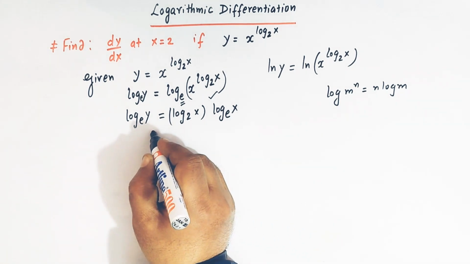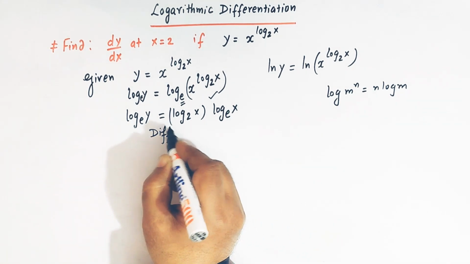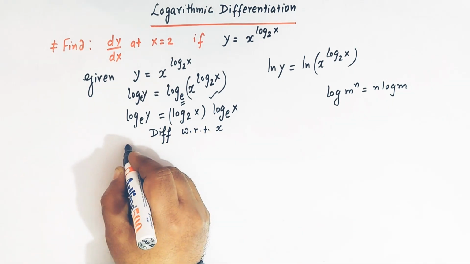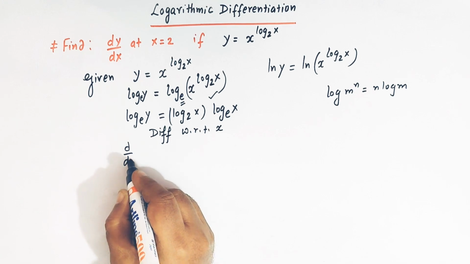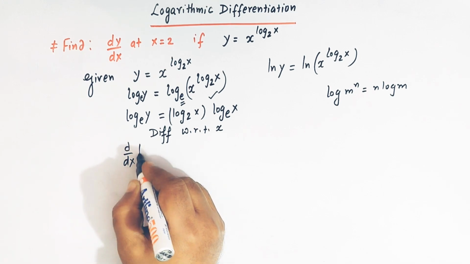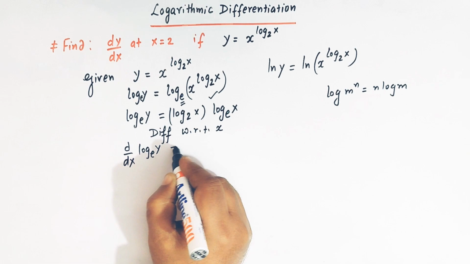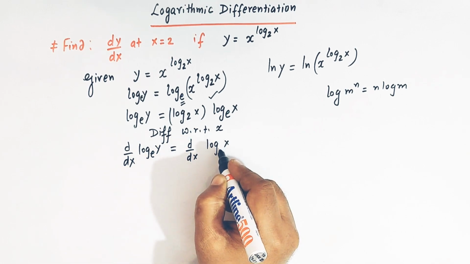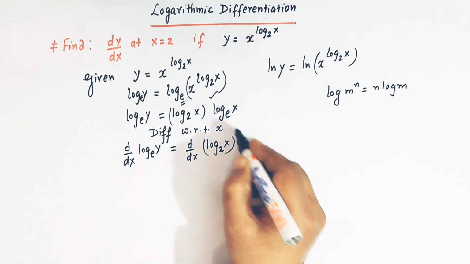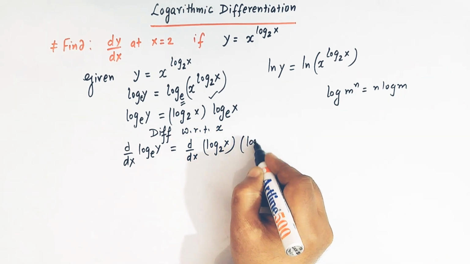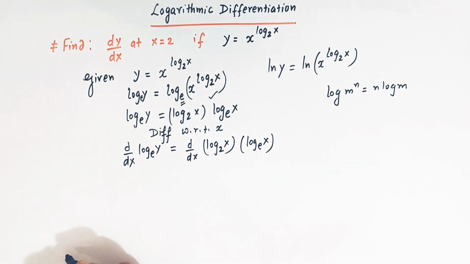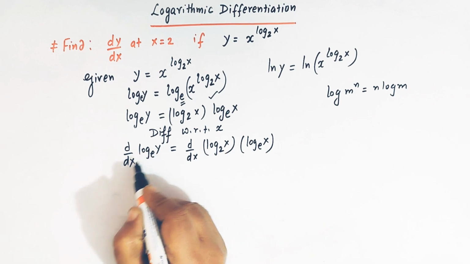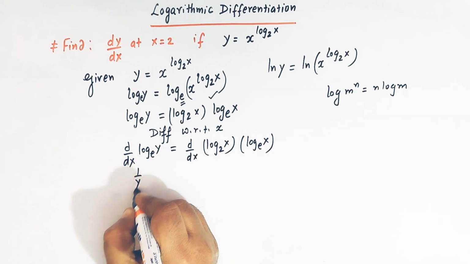Now let us differentiate both sides with respect to x. The notation goes like this: d by dx of log of y to the base e, d by dx of log of x to the base 2 times log of x to the base e.